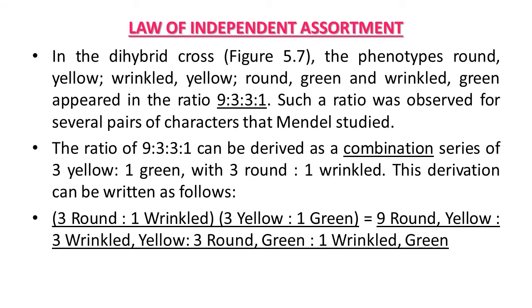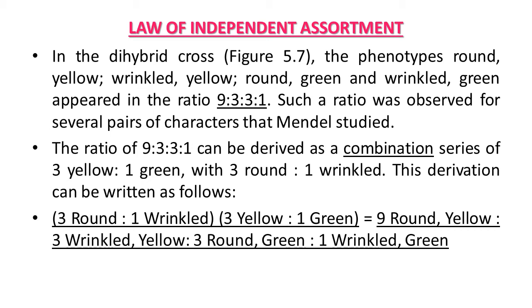By studying this dihybrid experiment, now the law of independent assortment. You have already studied in the figure what a dihybrid cross is and what the possibilities in the offspring are. There are four phenotype possibilities: round yellow, wrinkled yellow, round green and wrinkled green. They appear in the ratio of 9:3:3:1.